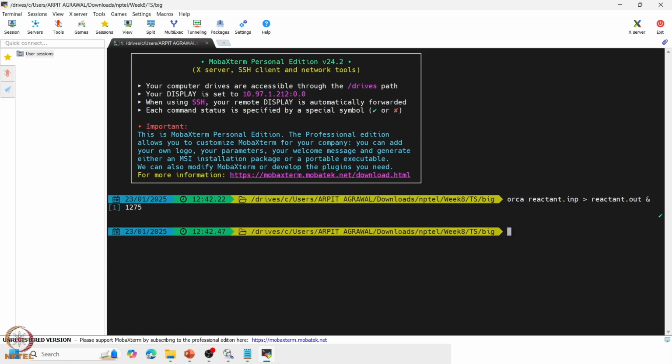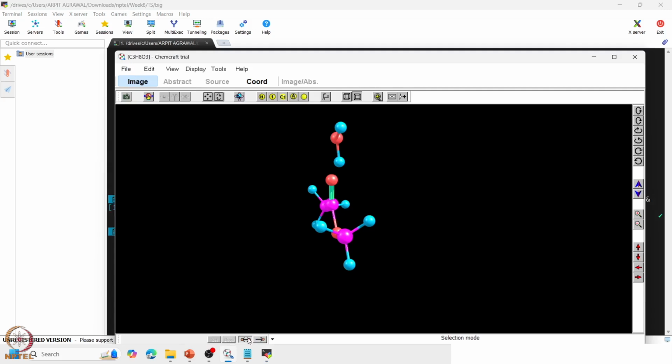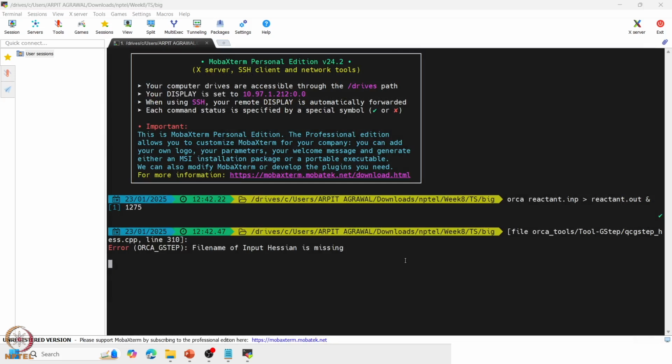So my reactant job is running. By the time, I can make my product. Maybe I should wait for the reactant to get into a proper optimized structure, and then we can start making the product structure.